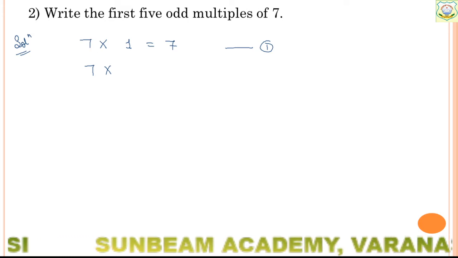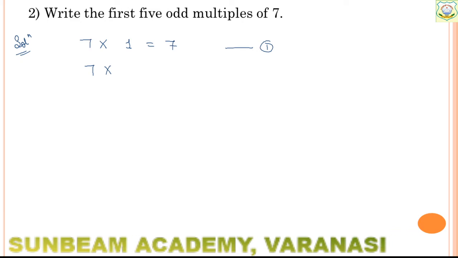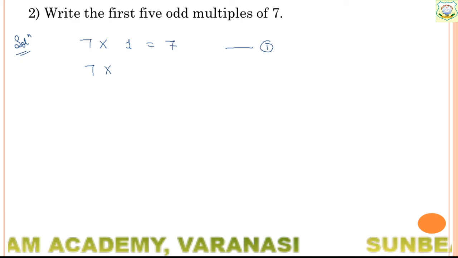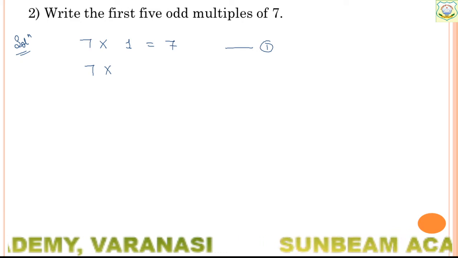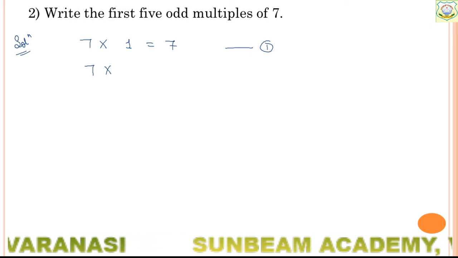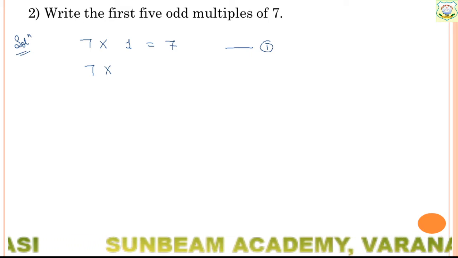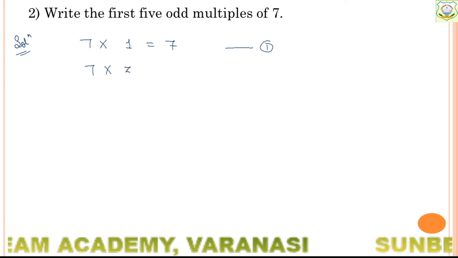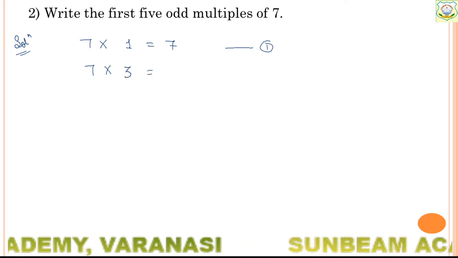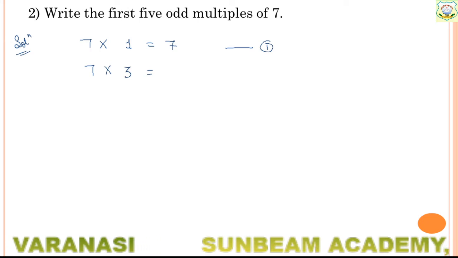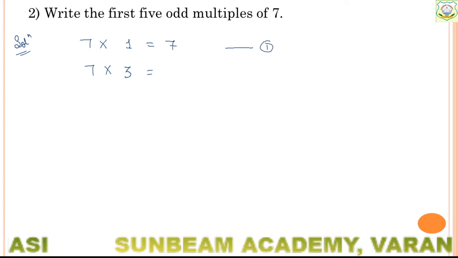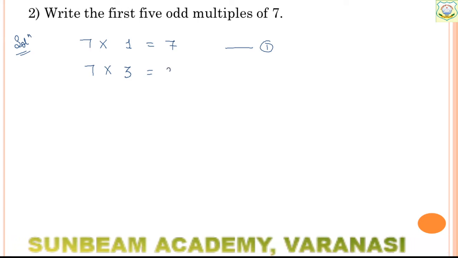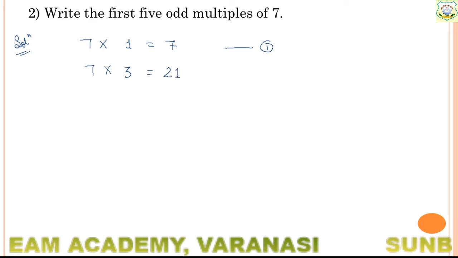Yes, that's an even number. So we don't have to multiply with 2. What are the odd numbers? 1, 3, 5, 7 and 9. So we have to multiply it with 3. So when we multiply 7 with 3, what will we get? 7 threes are 21.